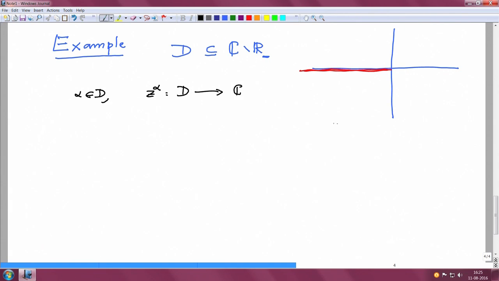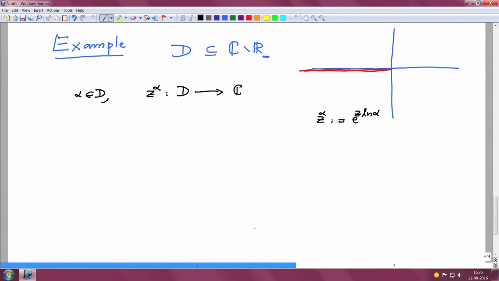Remember the definition of z power alpha, this is the definition, which is e power alpha log z. This makes sense only when z is not a negative real number because log does not make sense there.